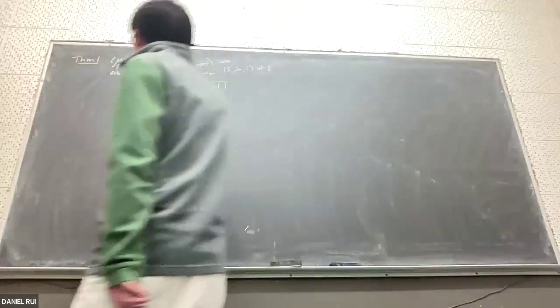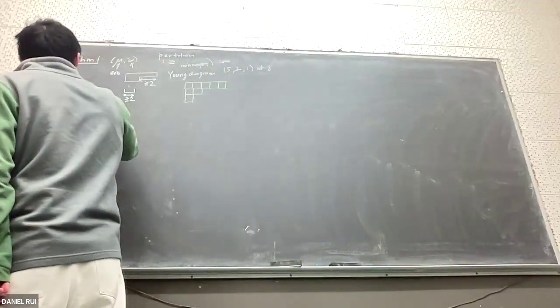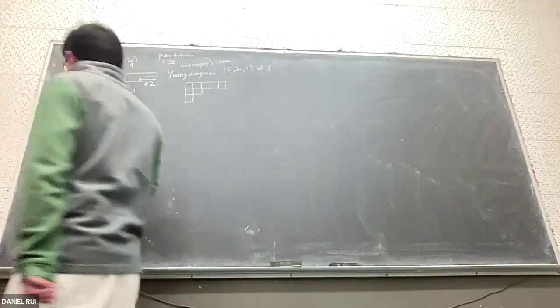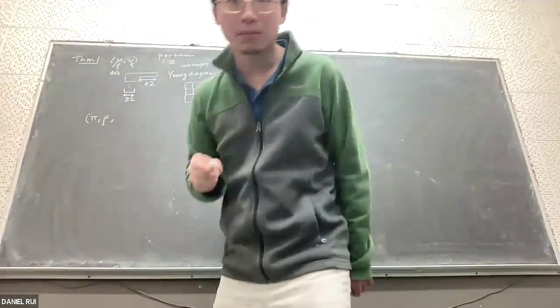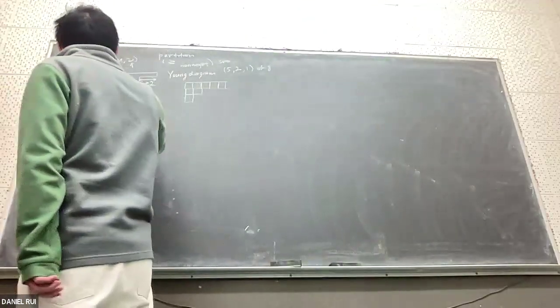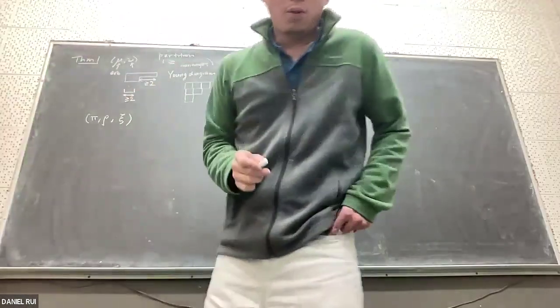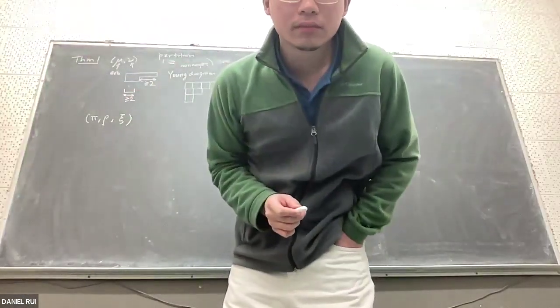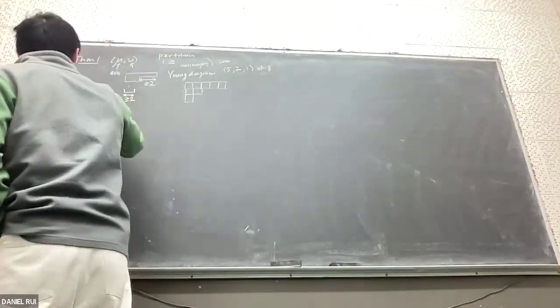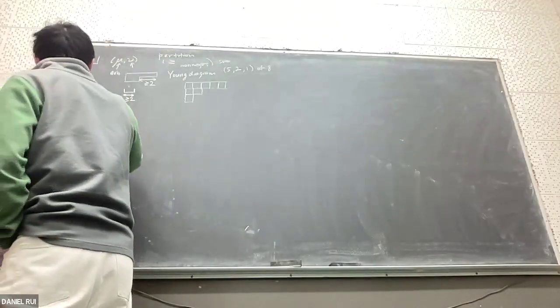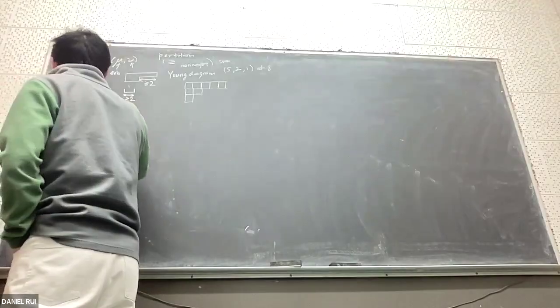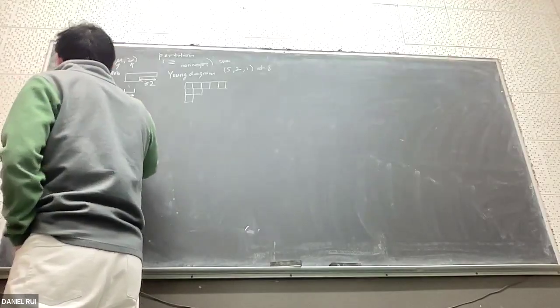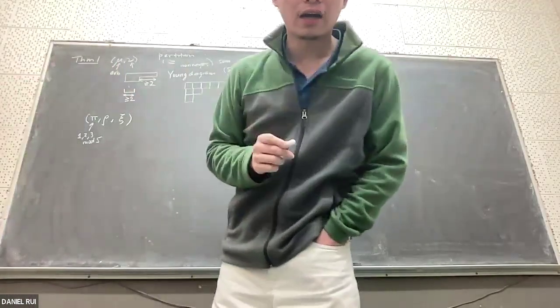Okay. And we also consider triples of partitions pi, rho, and c, where pi is a partition into pieces that are 1, 2, and 3 mod 5. Okay.